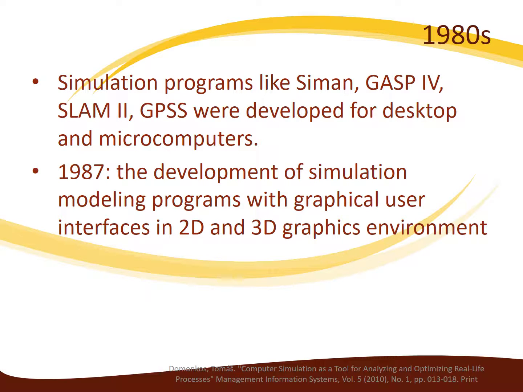During the 1980s, as computer technology continued to advance, simulation programs like SIMON, GASP4, SLAM2, and GPSS were developed for both desktop and microcomputers. In 1987, the first simulation modeling programs with graphical user interfaces in both 2D and 3D graphics were developed.